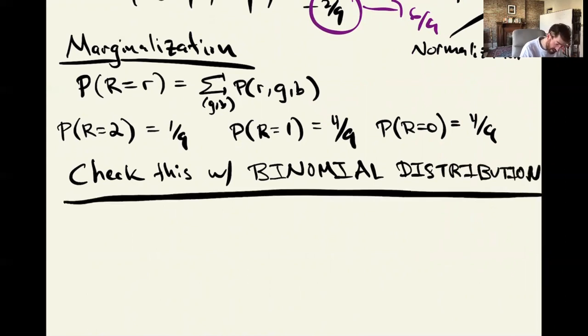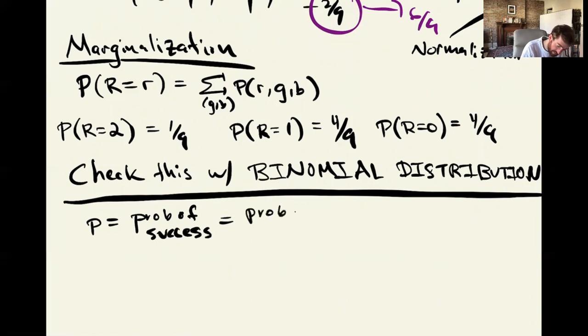So what did that say? Well, here we think of our probability P, which equals our probability of success, equals probability of drawing a red ball.